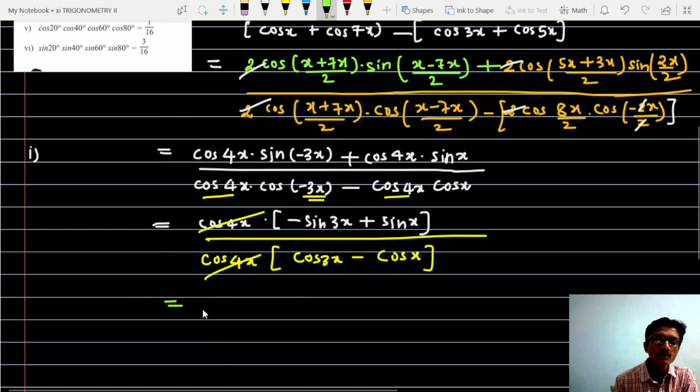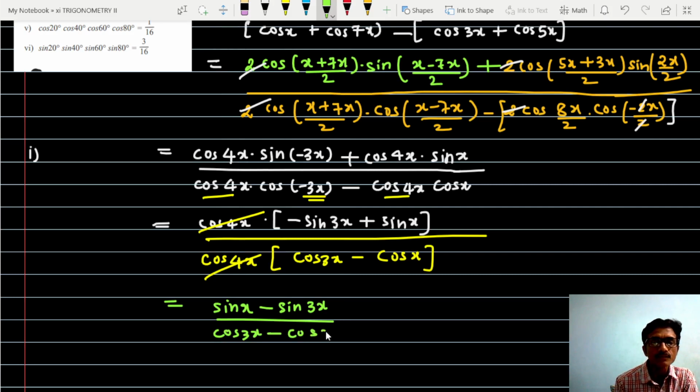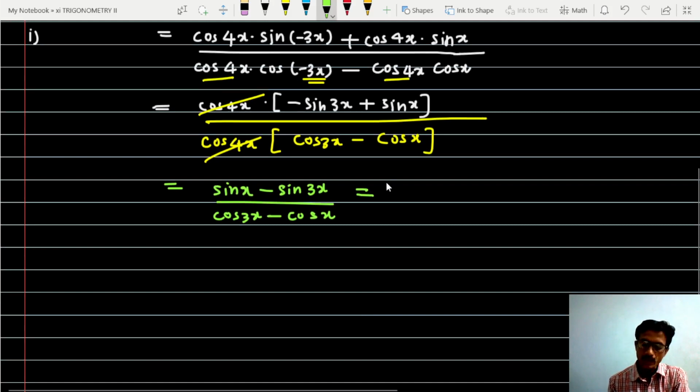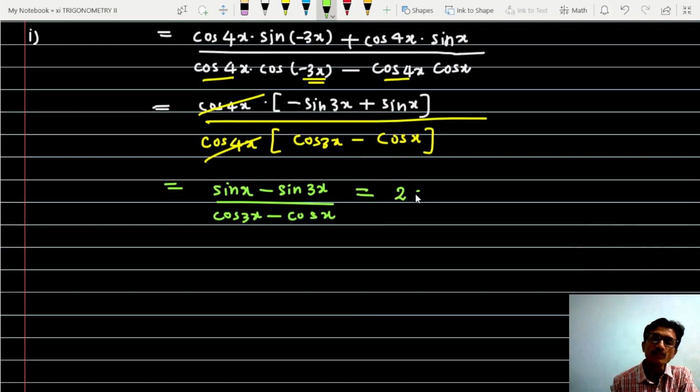This is equal to sin x minus sin 3x upon cos 3x minus cos x. Apply the factorization formula over here. Sin c minus sin d will become 2 cos c plus d upon 2, that is 2 cos x plus 3x upon 2 into sin c minus d upon 2, x minus 3x upon 2.